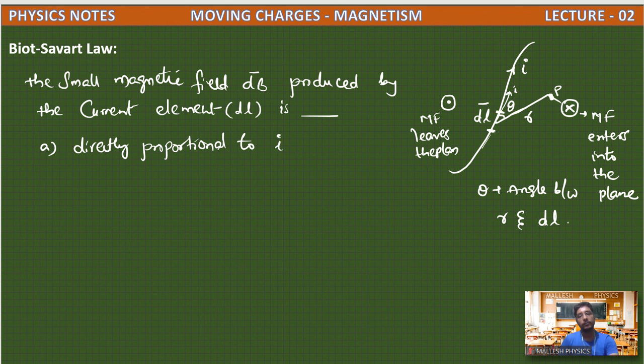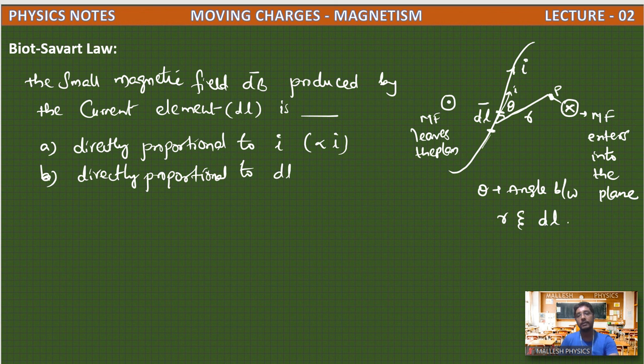It is directly proportional to I, and directly proportional to the length of the wire. This is according to Biot-Savart law. Here the length of the wire is dl, we have considered a small element, that is dl.